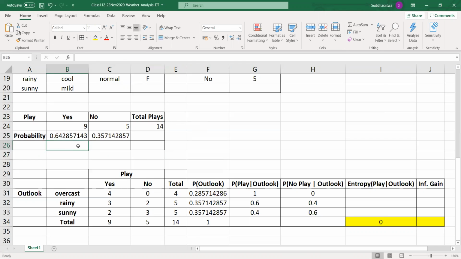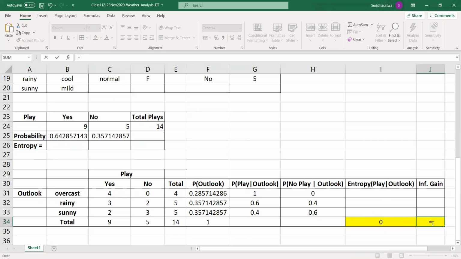Okay, so I'm going to calculate the entropy over here. Entropy over here is going to be calculated as, this is the entropy of the overall data set. We are calculating this so that we know the impurity in the overall data set, and then we use this overall data set impurity, which is in cell D26 here.